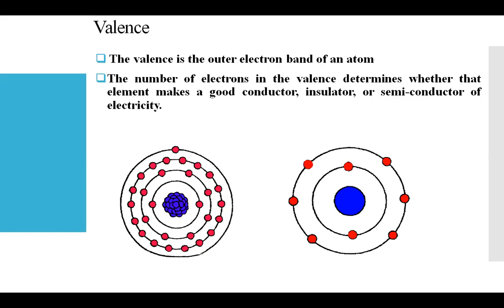This is just an example: in the first diagram, how many electrons do you have in the outer orbit or outer electron band? How many electrons are represented?